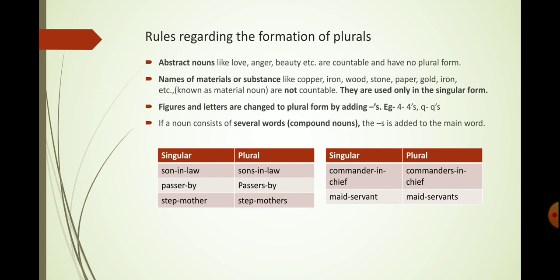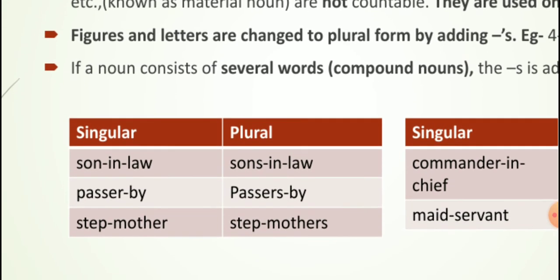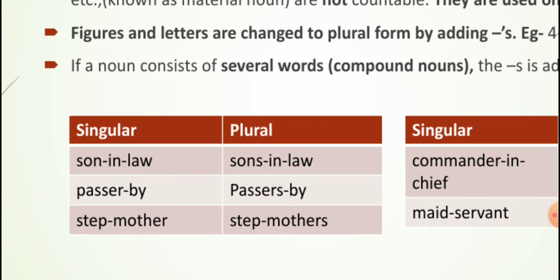Now here you can see compound words. Son-in-law is a mixture of three words. To change it into plural form, the main word, or the root word, is son. To make it plural, we add S to the main word, son, so it becomes sons-in-law.